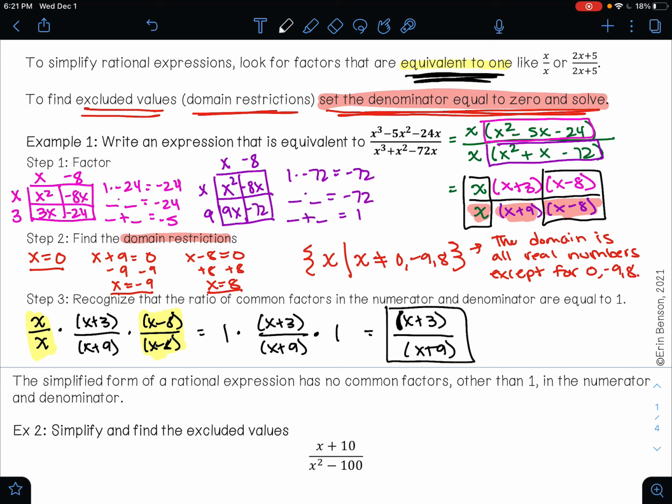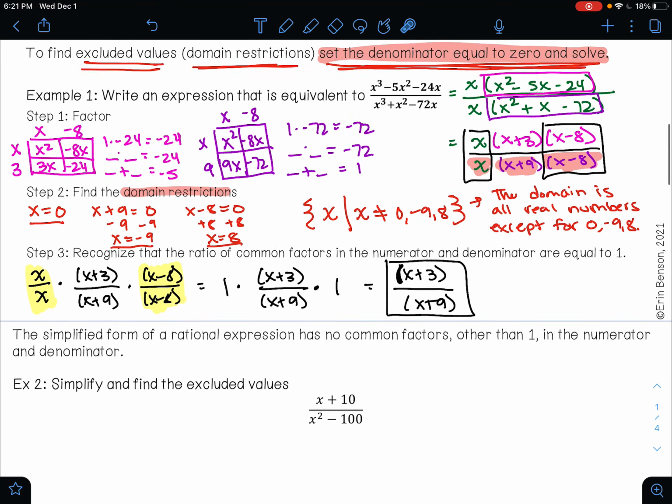So when you're simplifying, you're going to factor, and then you're going to find your common factors in the numerator and denominator, and you can eliminate them because they're equivalent to 1. That is how you simplify. To find your domain restrictions, you take your factored form of your denominator, you set it equal to 0, and solve. That's what we're going to be doing today.